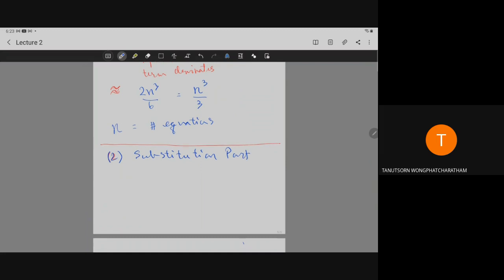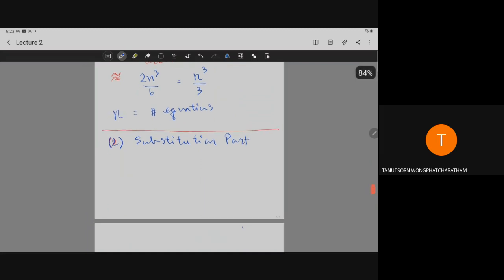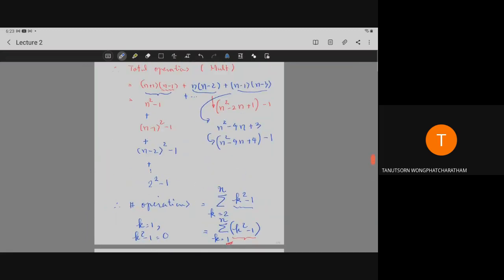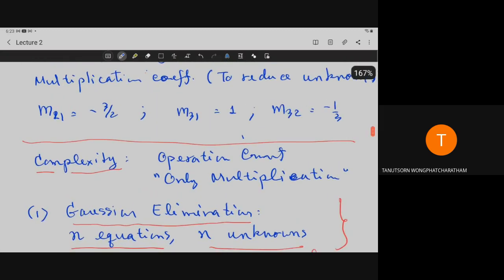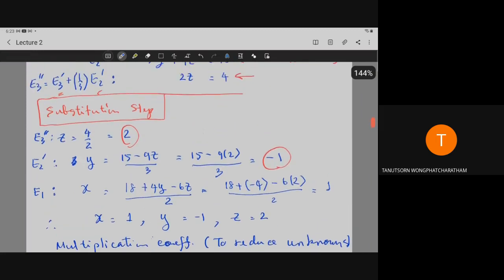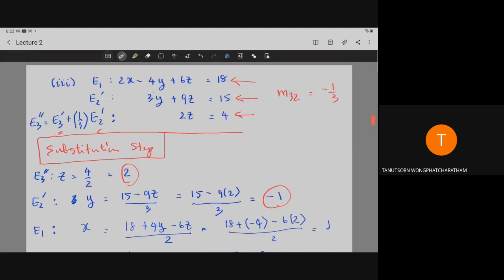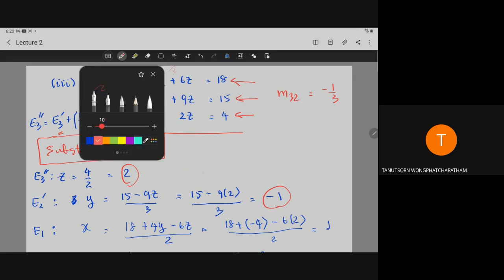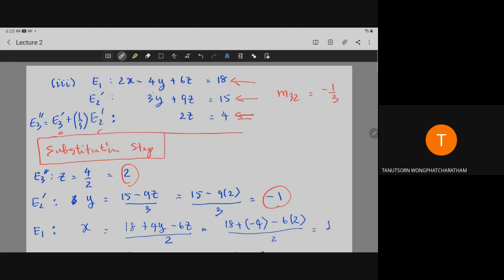For the substitution part, the number of operations: we work from the bottom equations to the top, right? So if you take a look back at the step here, during the substitution, what we do is like this. We start from the bottommost equation.